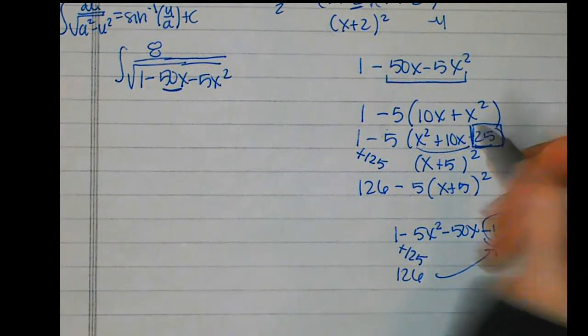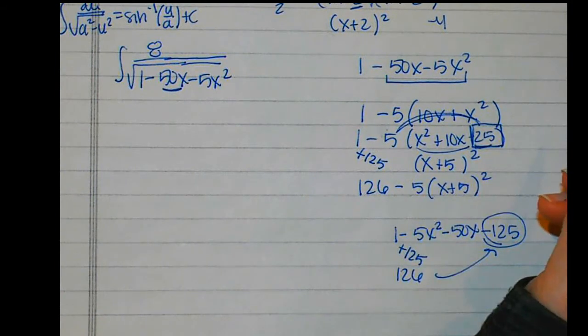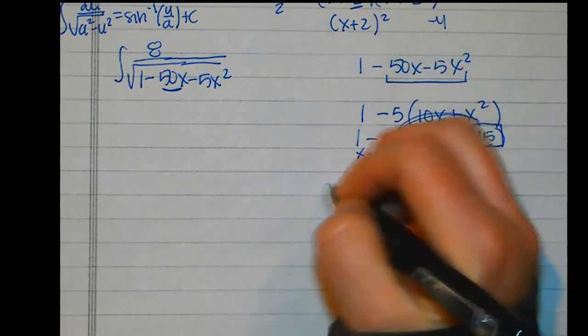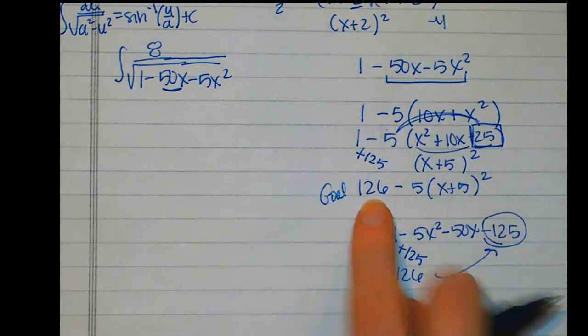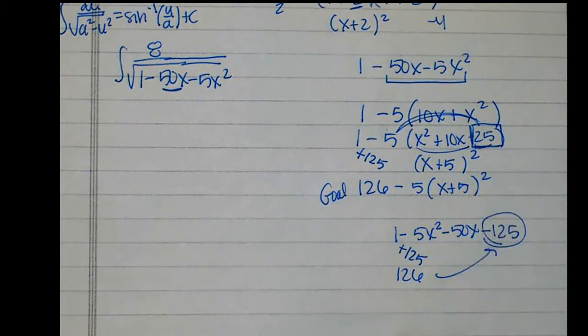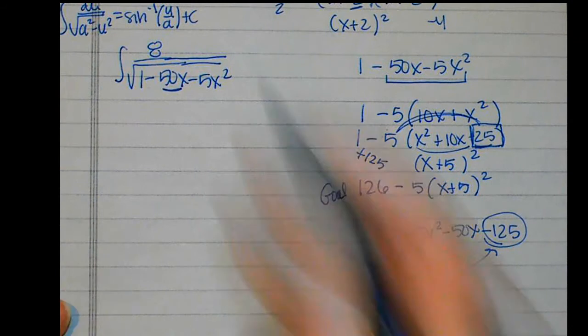So you have to consider that these go together and draw all over your paper, whatever you need to do, until you get to the point where you have something that you're going to work with. So what our goal was here, we met it. Our goal was to have something minus something else that we can undo for our trig function. So let's look at this again.